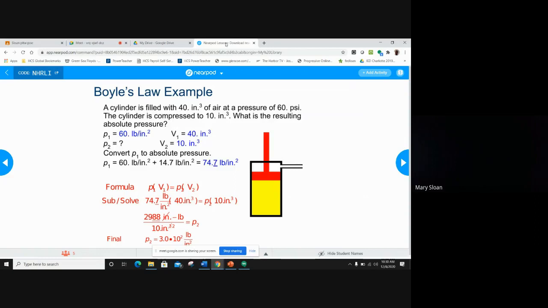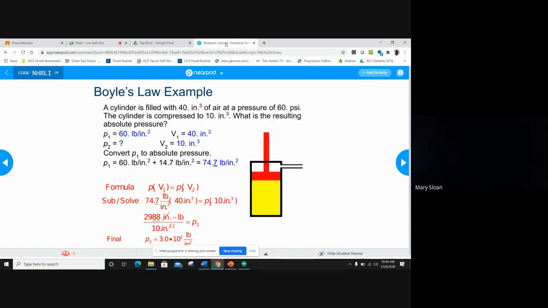For my pressure, I have to add 14.7. So what is my new first pressure? 74.7, right? That's the first thing I have to do, so make yourself a little note.